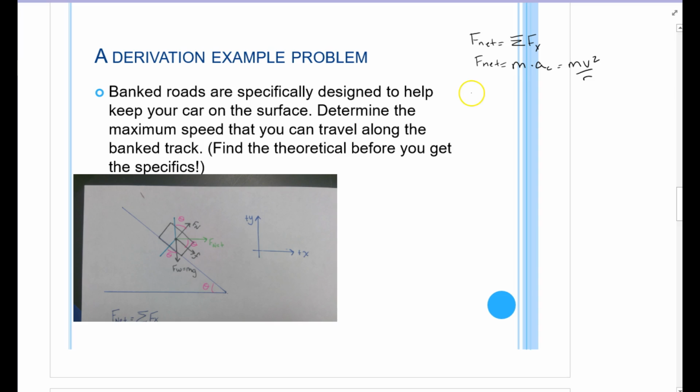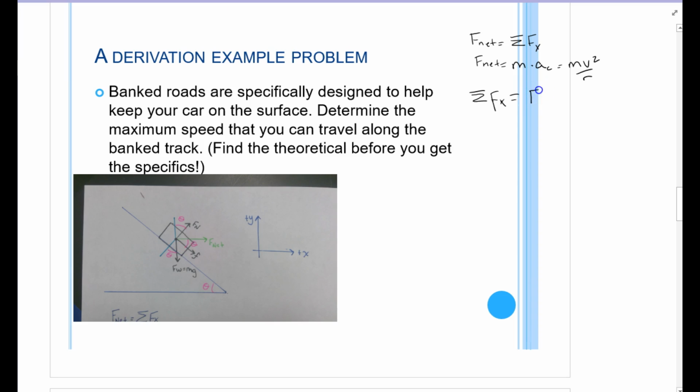Some of my forces in the X direction, that's an X, guys. Well, I do have some of my friction in the X direction, and some of my normal force is in the X direction. So those are my two forces in the X direction that I'm going to see.